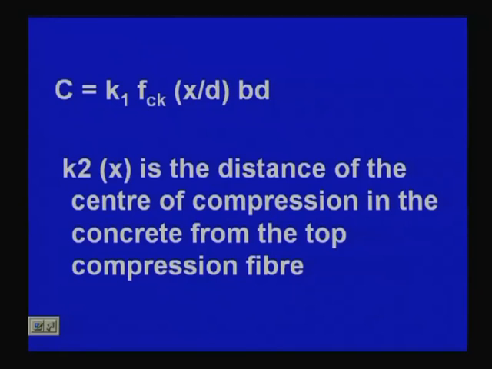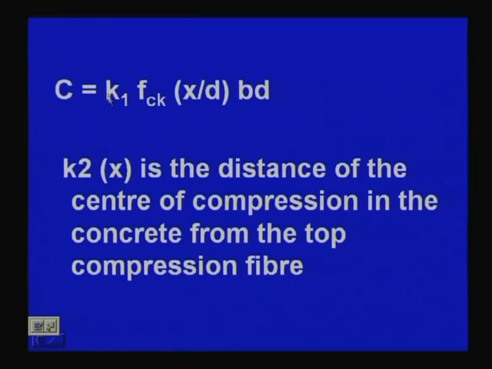We have already derived this equation, C equal to K1 FCK x by D times BD. K2 times x is the distance of the center of compression in the concrete from the top compression fiber, which I am repeating a number of times.